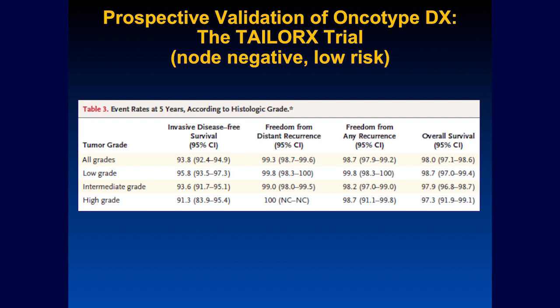So this gives us more confidence in this test. Retrospective study is not important. This prospective study gives us more confidence that if a patient's Oncotype DX score is less than 11, you can tell that woman that her prognosis of having cancer coming back distally is excellent. 99 out of 100 did not have distant recurrence.